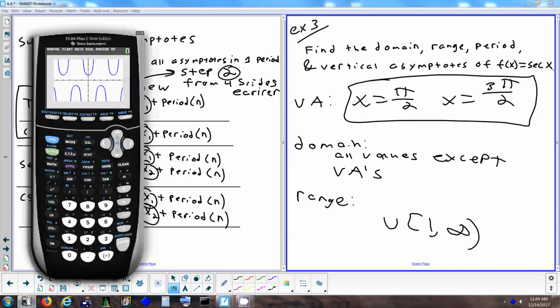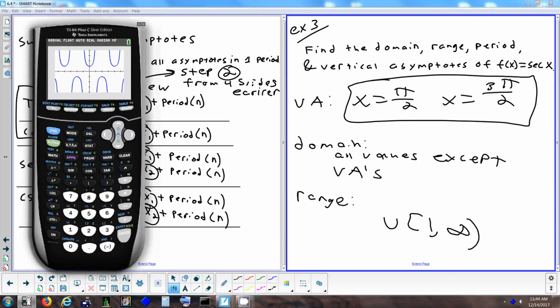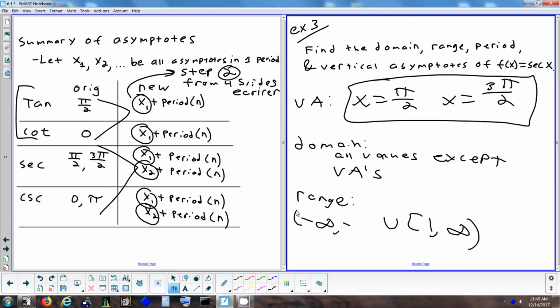So you'll hit 1 to infinity, and you're going to hit negative infinity up to how high are you going to go? Negative 1. Yep. And if you weren't sure, you could do second calc minimum or maximum, and you could see that. Okay. Any questions on that? That's my range.